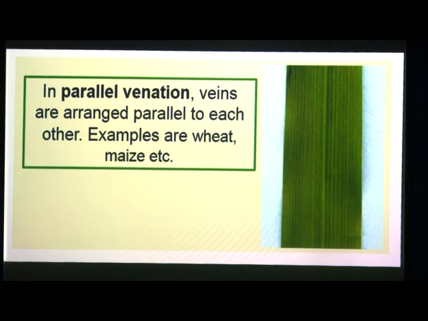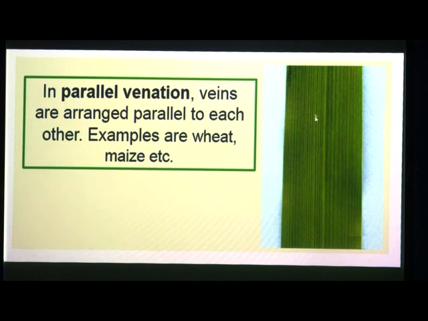Parallel venation. Veins are arranged parallel to each other. Examples are wheat, maize, etc. You can see here, students, in this image the leaf, which is again green in color, having chlorophyll, but the network you can see is not such a network.